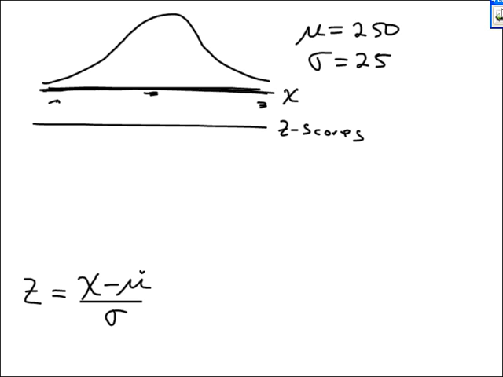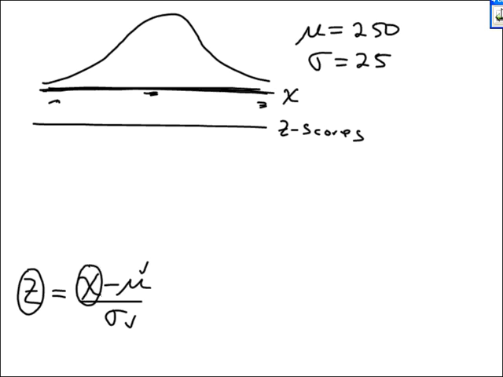If you're given mu and sigma, then every z-score corresponds to a particular score, and every particular score corresponds to a z-score. It's just like a number of inches corresponds to a number of centimeters. A different number of inches corresponds to a different number of centimeters.